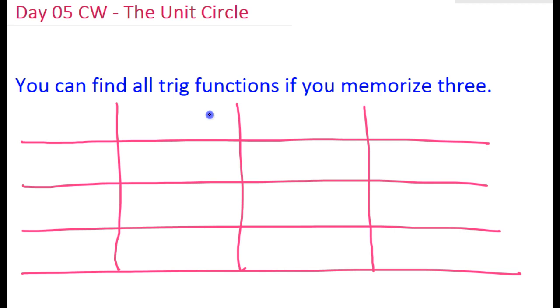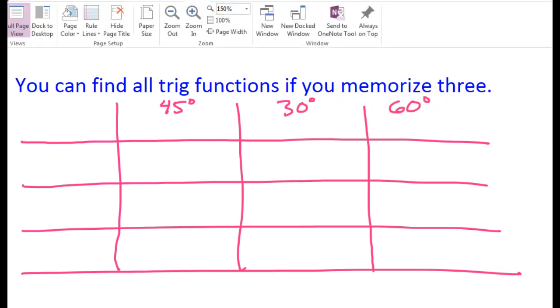Okay, so first of all, this works for special angles. So in degrees, we'd be talking about 45 degrees, or 30 degrees, or 60 degrees. Those are the special angles.